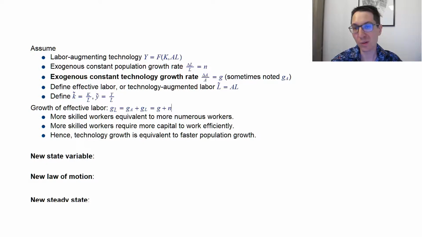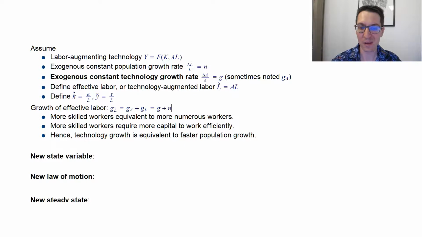So what do we know about the capital requirement of more workers? Well, more workers need more capital to work with. So more efficient workers is exactly like even more workers. So it's going to need even more capital. And technology growth is like, in a sense, a faster population growth. So everything we had deduced about population growth is just going to be magnified by the growth of both technology and the labor force.